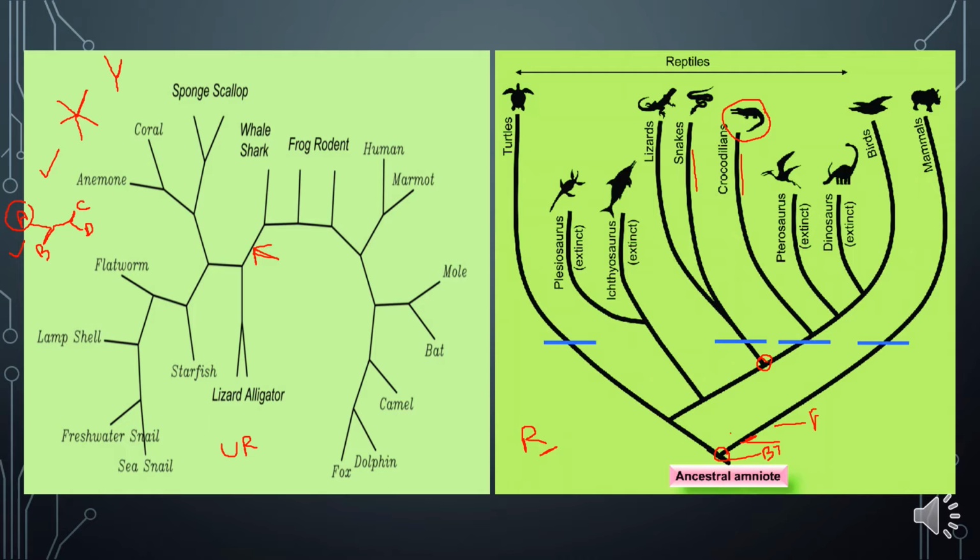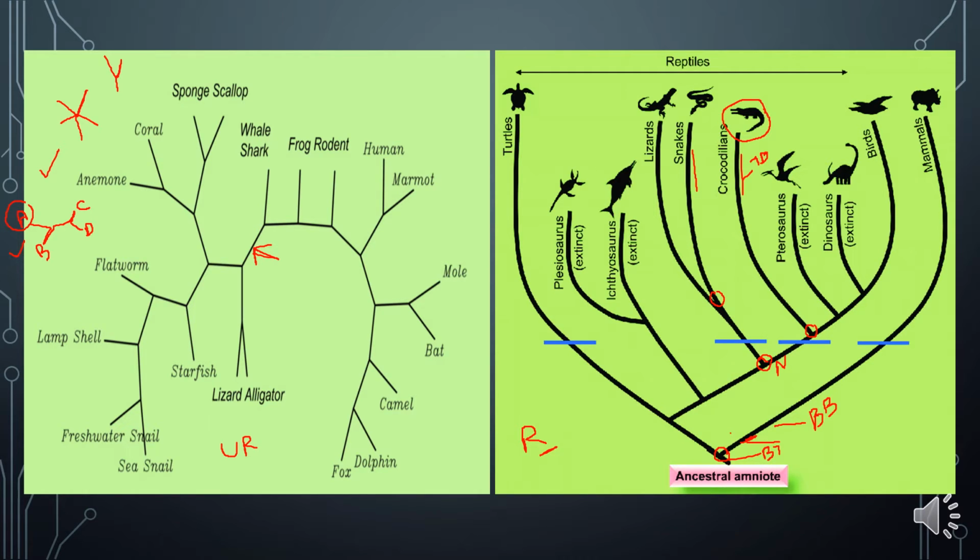This one is the basal branch. I am writing it as BB, basal branch. These are the terminal branches. And we know that these are the nodes.